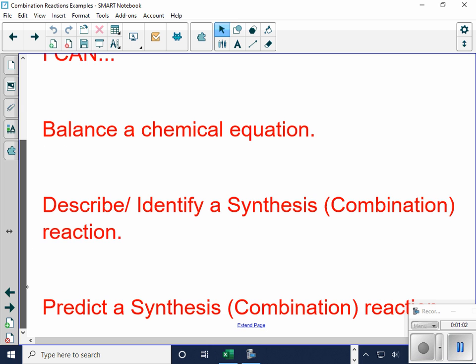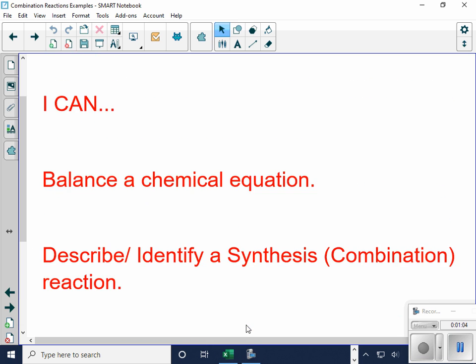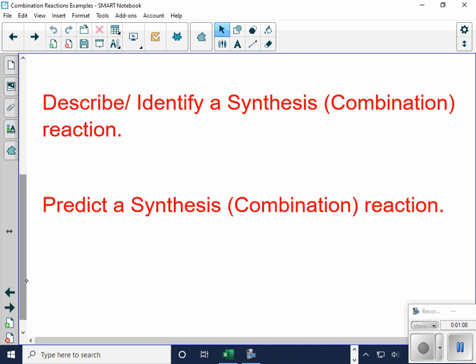And second success criteria is that I can predict a synthesis slash combination reaction. Now, what does that mean? Well, given a couple of reactants, you can tell me what will be formed in the combination slash synthesis reaction.